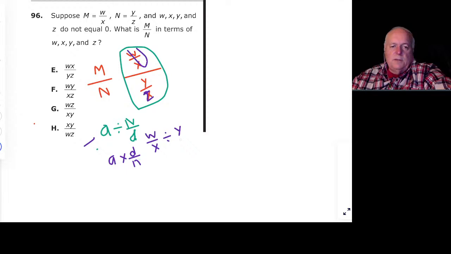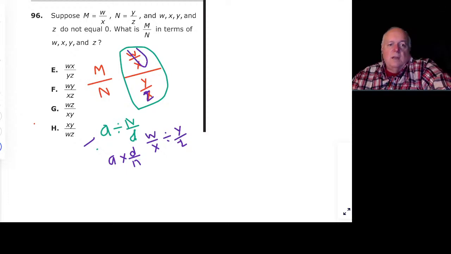The interesting thing about making errors like I just did is that you should be able to keep track of your own mistakes. That just leaped out at me instantaneously because I was about to write y over x and I knew that there were not two x's in the problem. It's only one x. So this turns into times, so we have w over x times the reciprocal, so z over y.